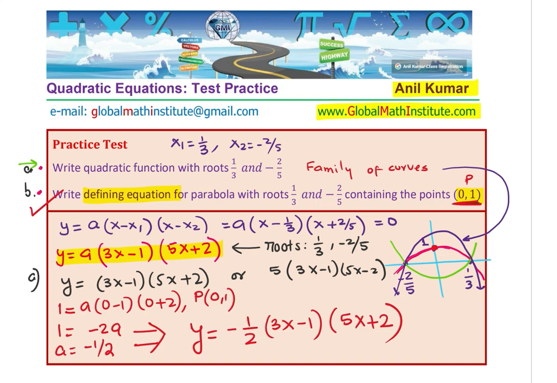Two things we should consider: whenever the roots are given to us as rational numbers, you should write the equation in this form rather than using the roots as fractions, to avoid calculation mistakes. Second, understand that once we have a point, we're talking about a specific curve, in this case a parabola opening downwards with y-intercept at 1. Then you get your final answer, which is right there before you.